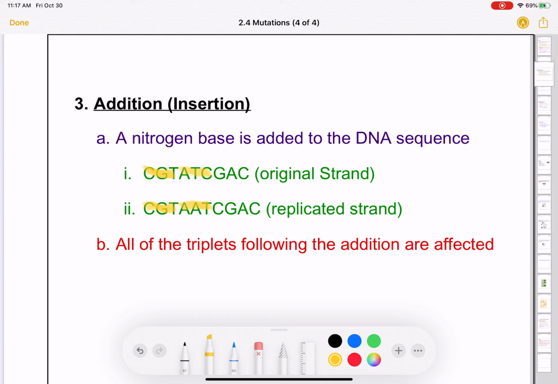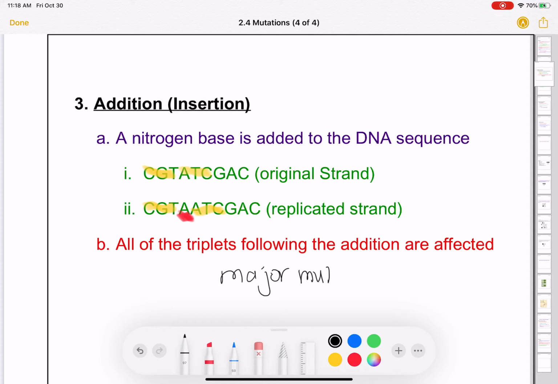So instead of doing this ATC, which would be the next one, they've put in this piece right here. So that's an insertion, that's an addition type of mutation, and then all of the triplets that are following that addition will be affected. So again, this would be, like I said on the last one, a major mutation.